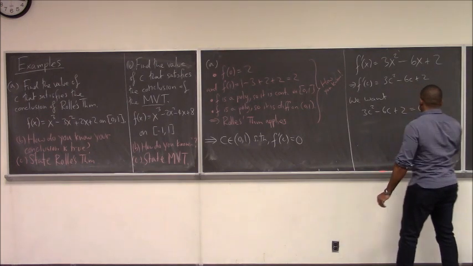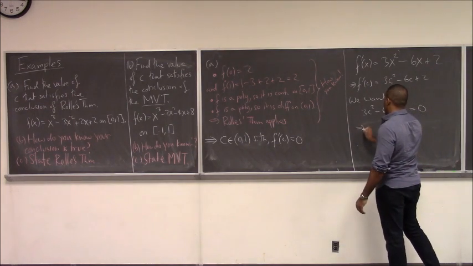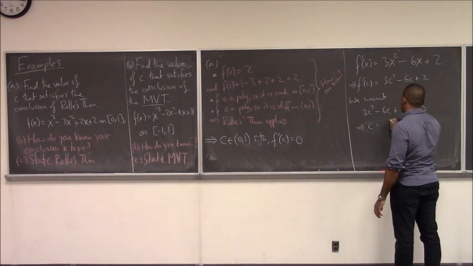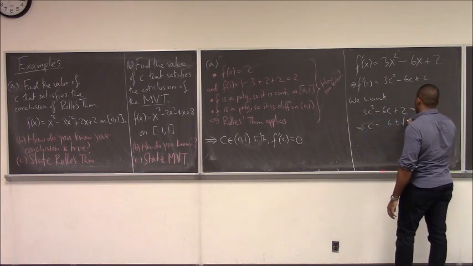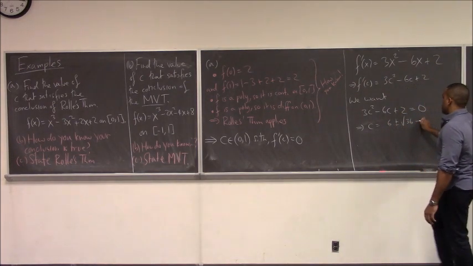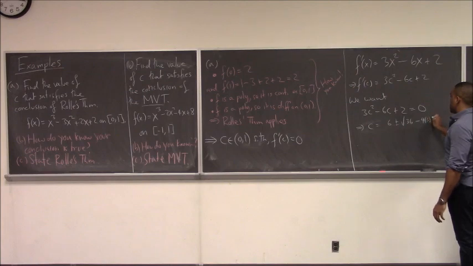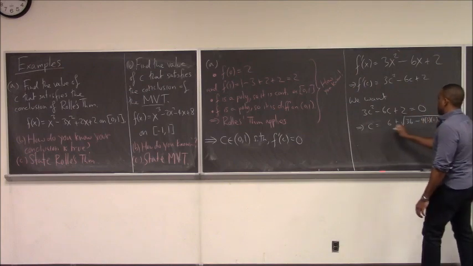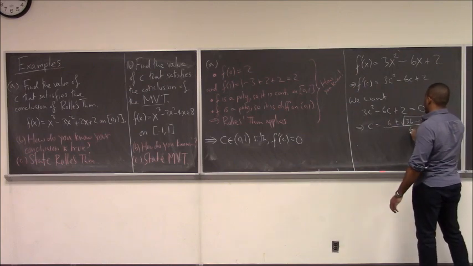So quadratic formula. This implies your c is equal to minus b plus or minus the square root of b squared minus 4 times a times c, all over 2a.